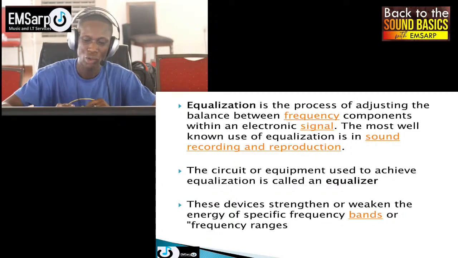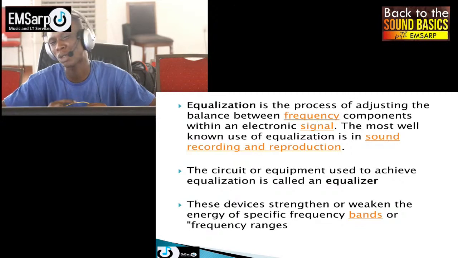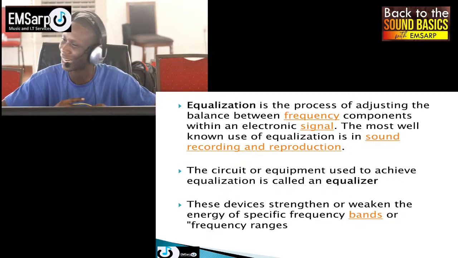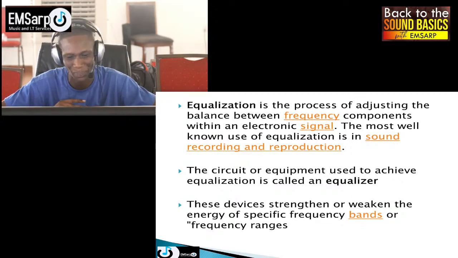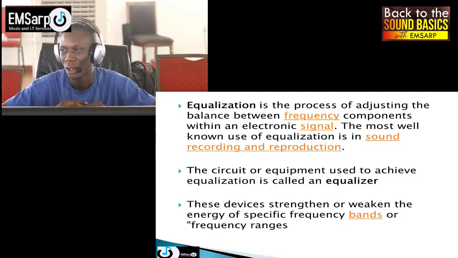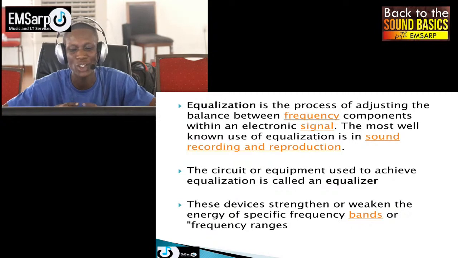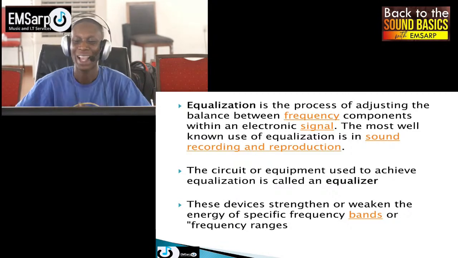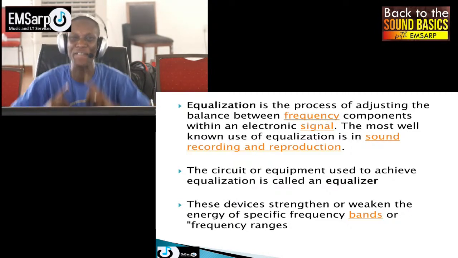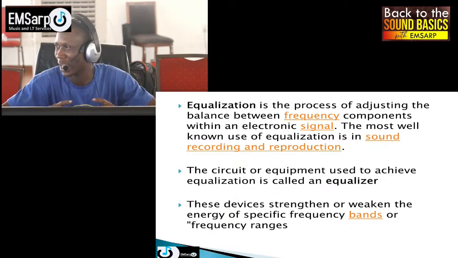There is a tool that helps us to do this, and that equipment is called an equalizer. It is the equalizer that strengthens or weakens the energy of a specific frequency band or frequency range. If you want to increase a particular frequency range, it is the equalizer you use.